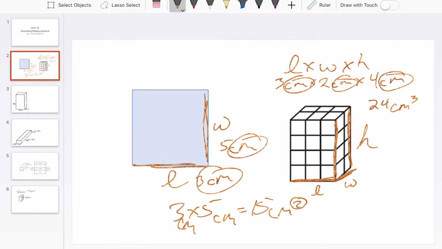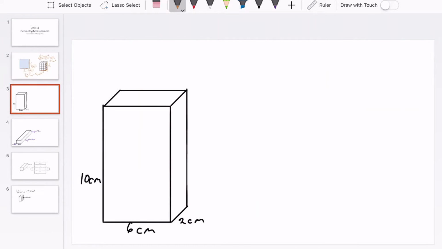That raised 3 tells us that I've multiplied the 3 centimeter sides together. It becomes cubic centimeters, and that raised 3 means cubic centimeters or cubic meters or cubic kilometers, whatever you're multiplying. Just doing this again without the boxes, it's the same thing.